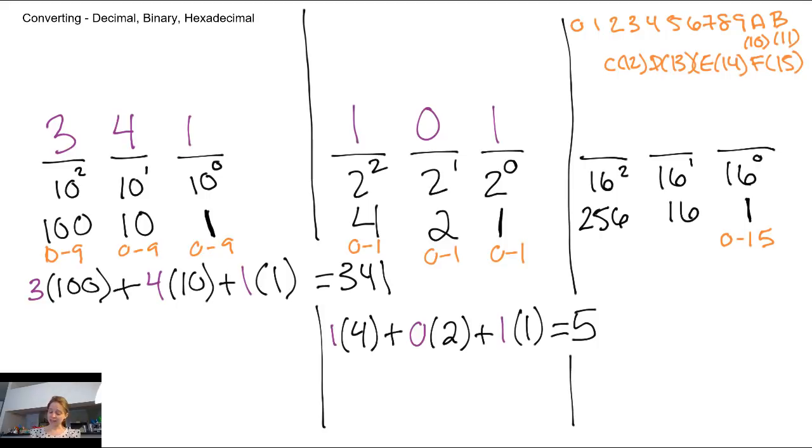So that's why in hexadecimal, you can get a number like 0, let's do 1D.